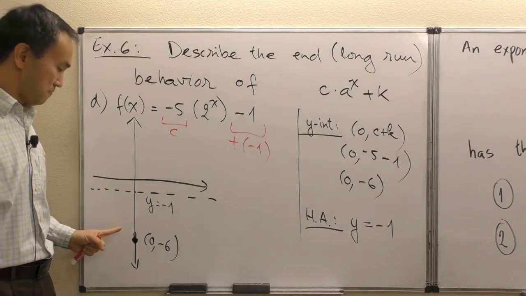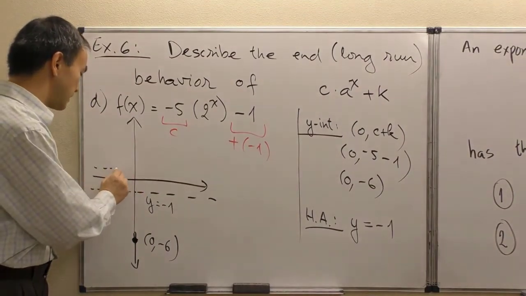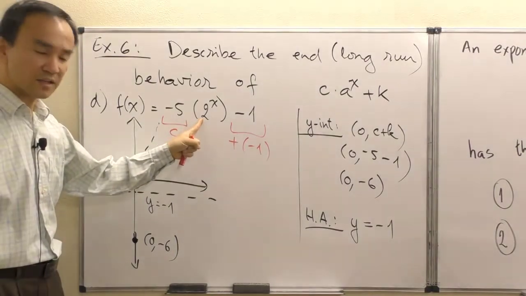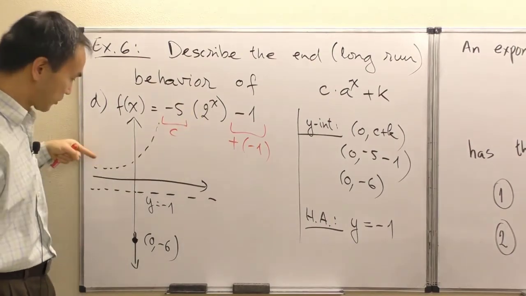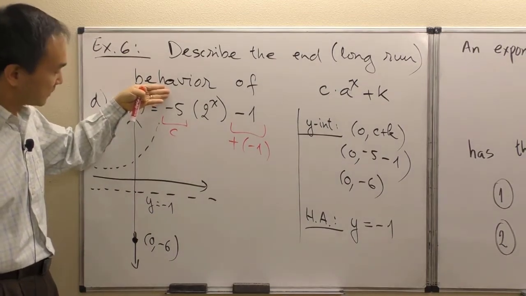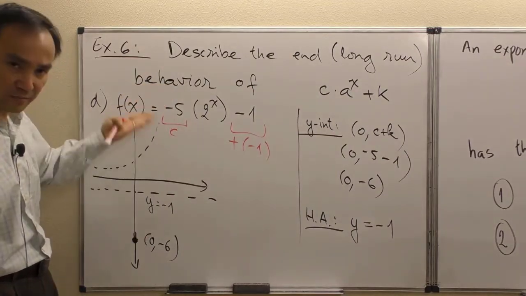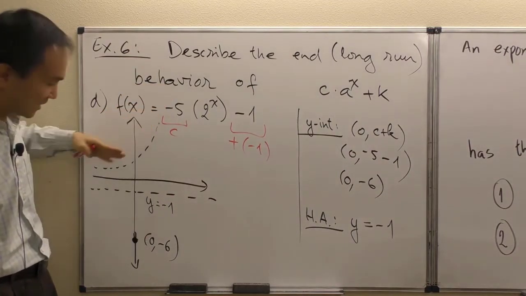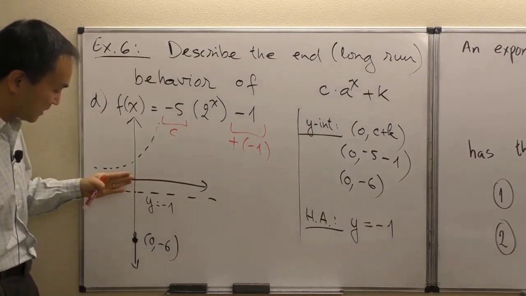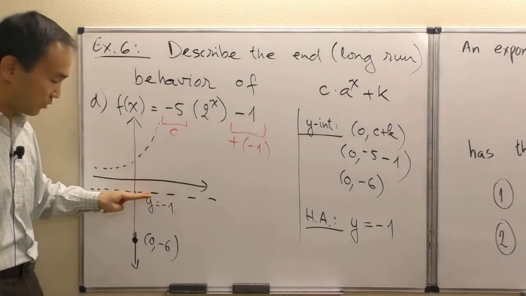Now it's time to put in the actual shape. I'm leaving the beginning shape in dots. The original parent function has base greater than 1, so it should be rising from left to right. But with a negative coefficient here, it's going to flip over the x-axis, and it has to stay below the horizontal asymptote as well.